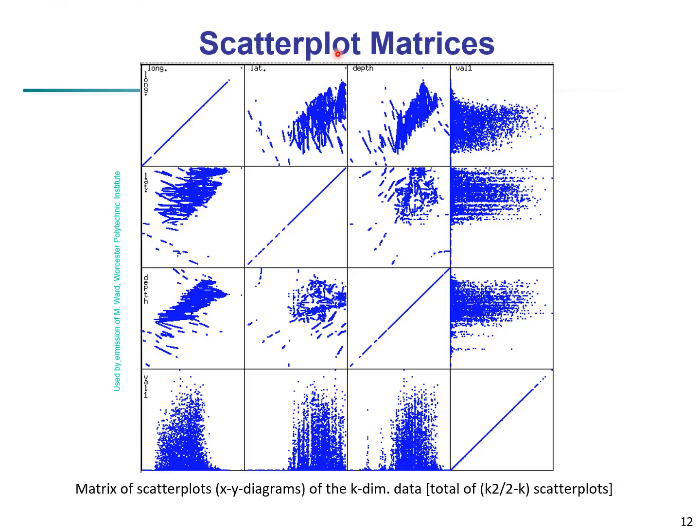This is a scatter plot matrix. We already saw the scatter plot, but in this scatter plot matrix each square here is showing a relation between two different attributes. So each one of them is showing some sort of information about two different attributes. One of them is a scatter plot, but this is a scatter plot matrix because it is displayed in this form.